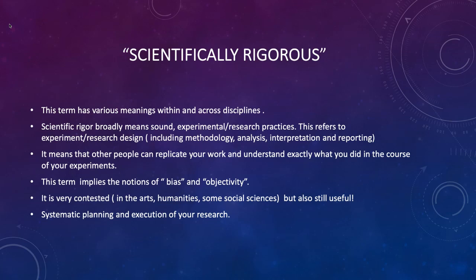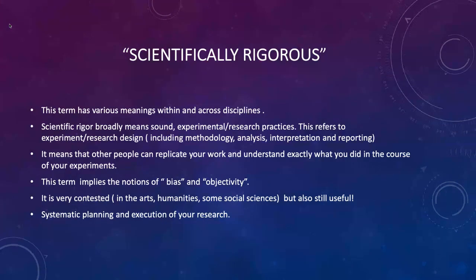This refers to experiment or research design, including methodology, analysis, interpretation, and reporting. What it means for all of us is that others can replicate your work and understand exactly what you did in the course of your experiments or your research.